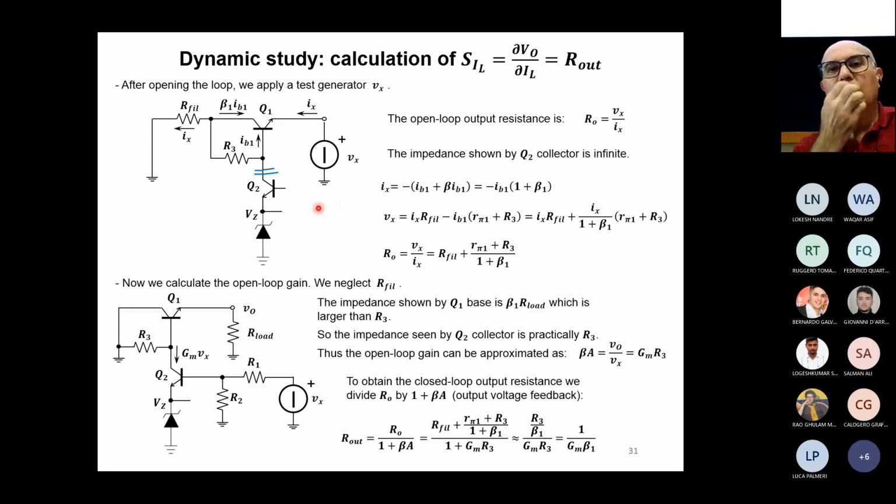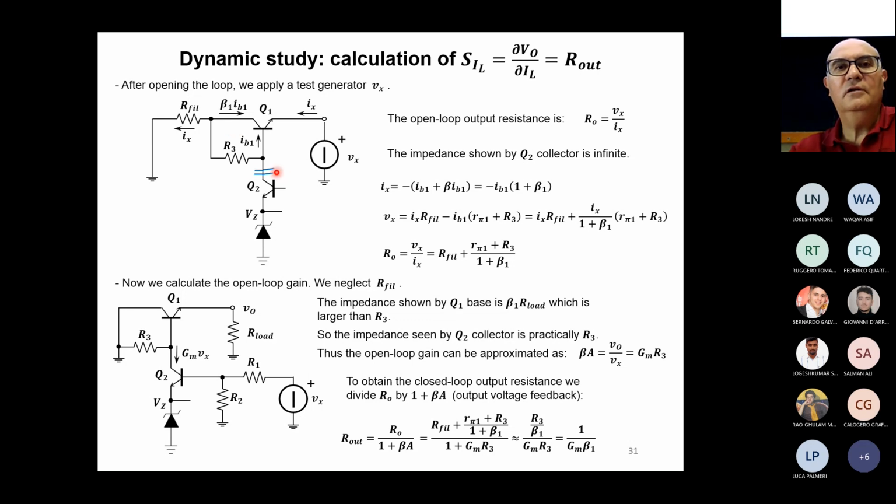Now I can also do this kind of consideration. If beacon X creates a current Ix, the current Ix will be split, let's say, into a base current and collector current.